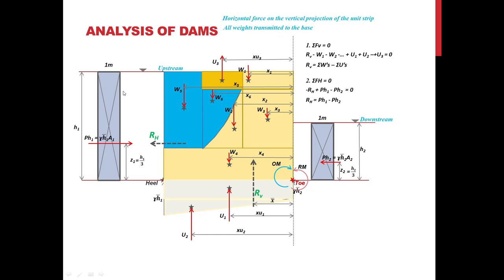Number 3. So we determine the overturning moment. The overturning moment comprises all the forces that will cause a couple along the direction of the overturning moment. So remember that the overturning moment is the direction that tends to overturn our dam.